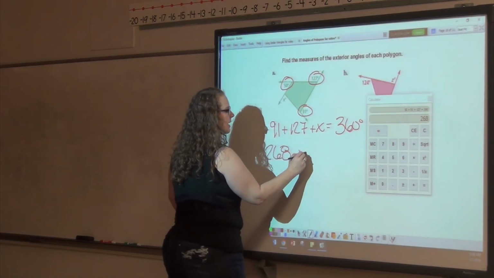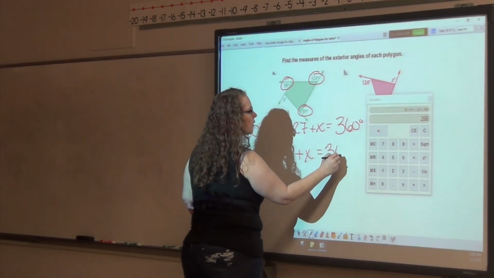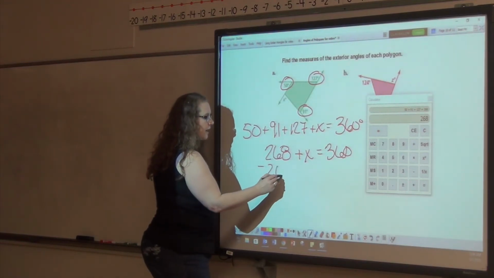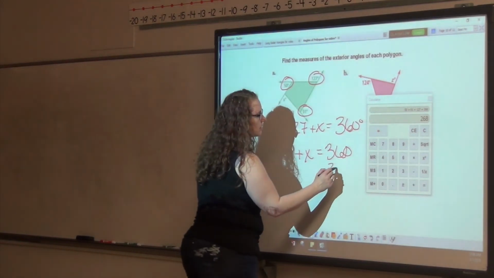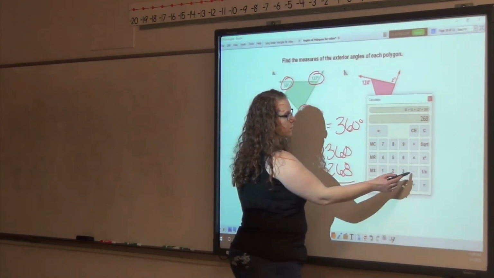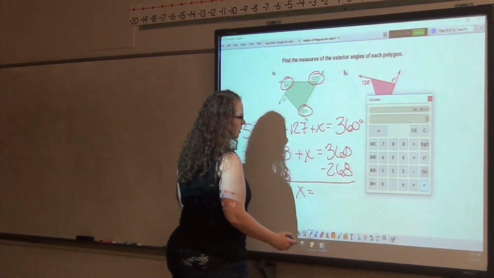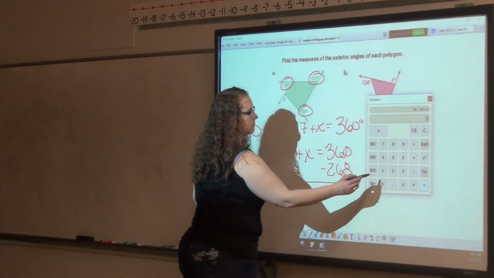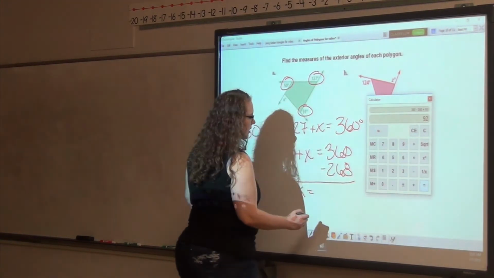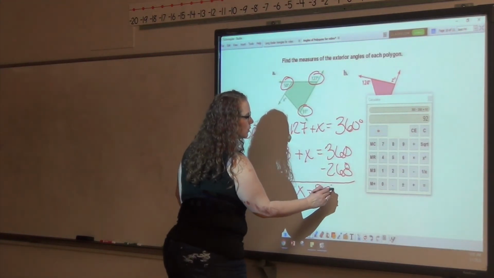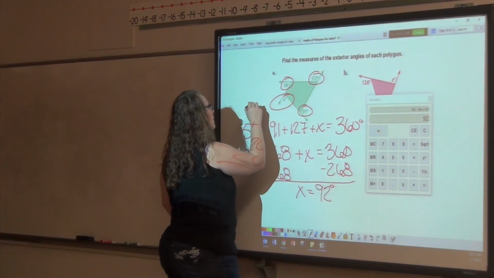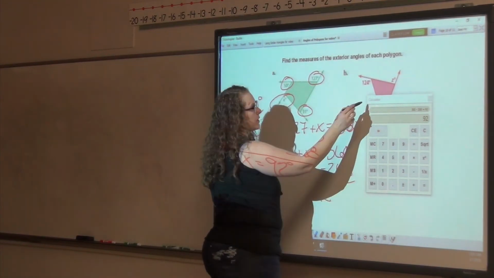So 268 plus the angle we do not know equals 360 degrees. So we subtract 268 and we get x equals 360 subtract 268 equals 92 degrees. So this angle x right here equals 92 degrees.